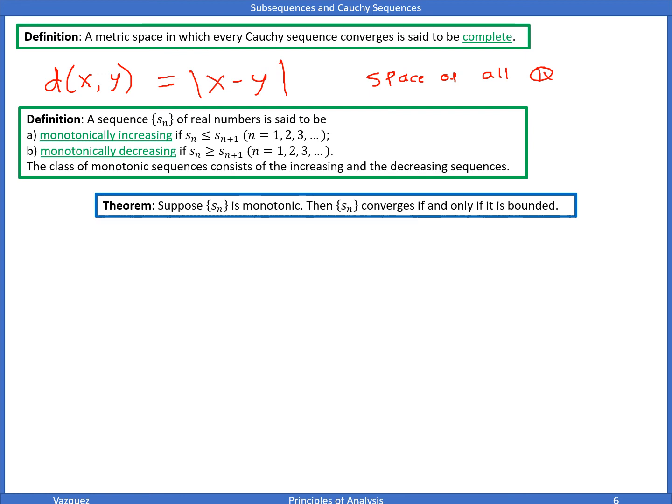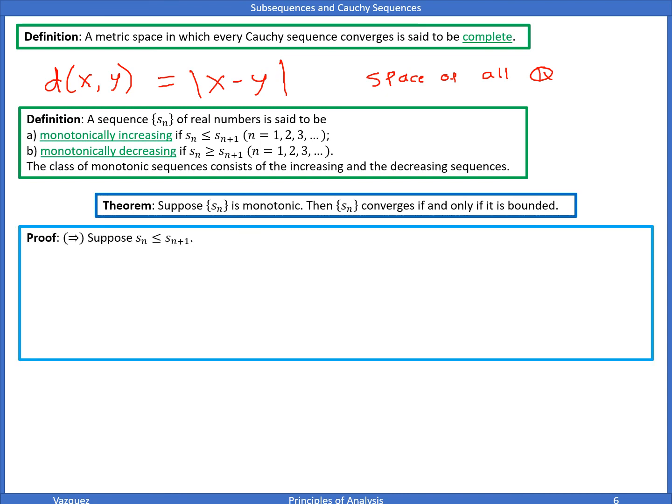So we only really need to prove that if S sub n is monotonic and bounded, then it converges. So suppose S sub n is less than or equal to S sub n plus 1, meaning we have a monotonically increasing sequence. The proof is analogous in the other case if it were monotonically decreasing, so I'm just going to do the increasing case.